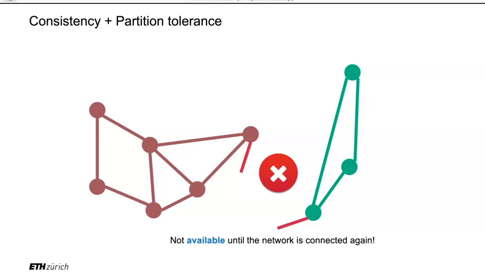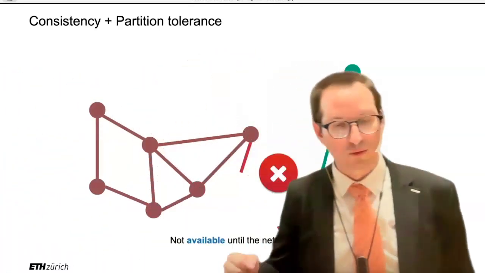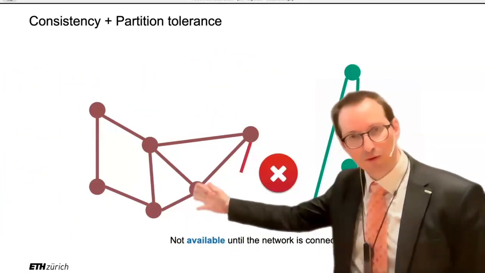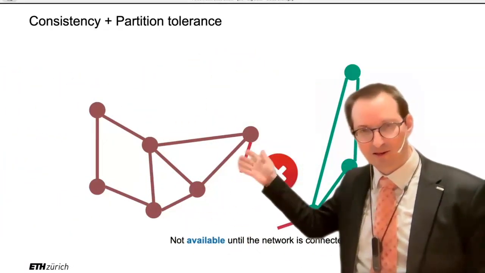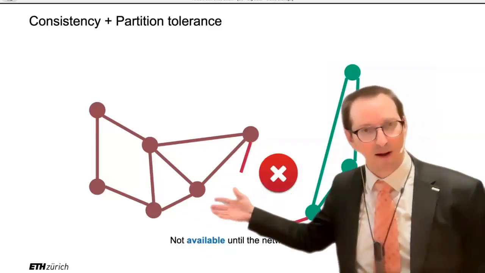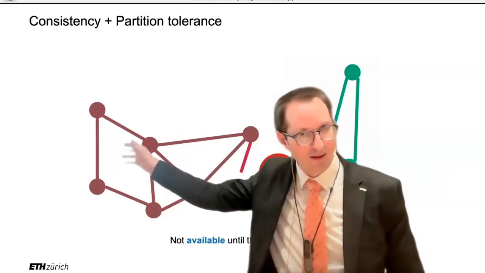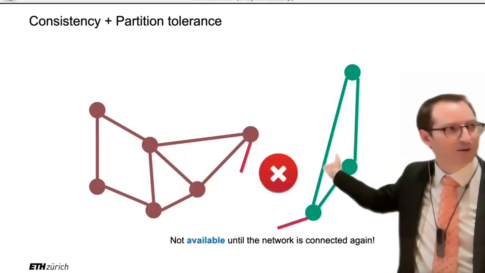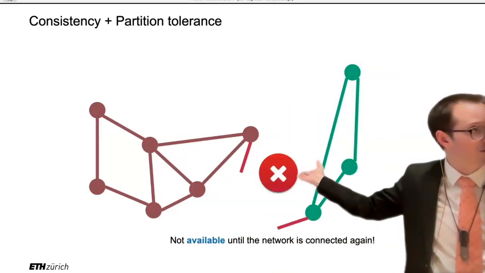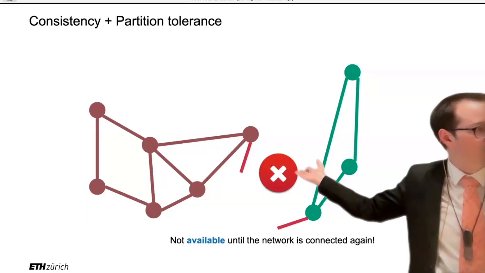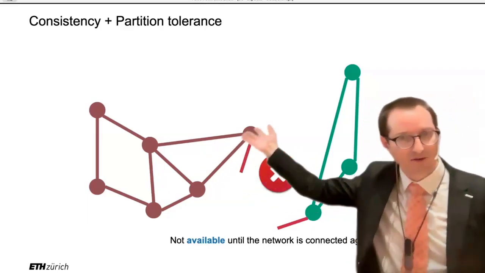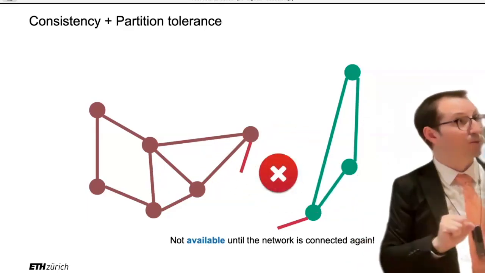Possibility number two is you say, okay, I don't crash. And I accept to give inconsistent answers. So that means I'm still available. I still give answers. But then the people who ask on that side, they will get the newer value, the latest one. And if anybody connects here instead, they will get an older value. Then do you agree it's no longer consistent because you're delivering different responses, but you're available?